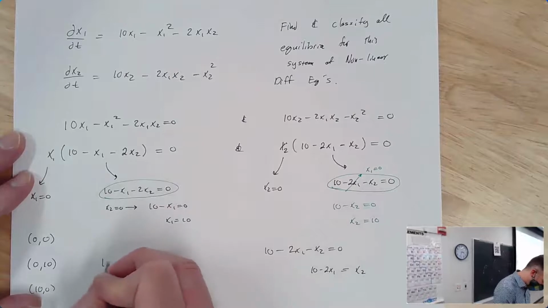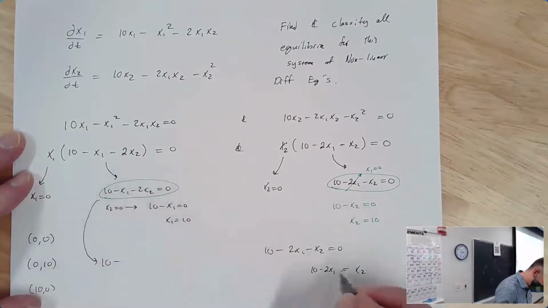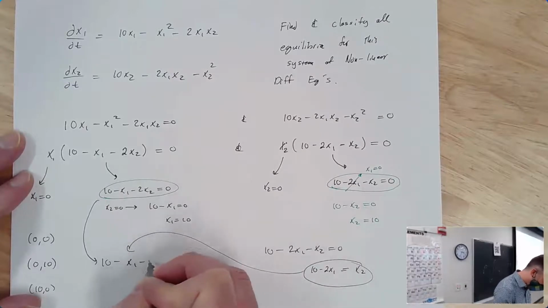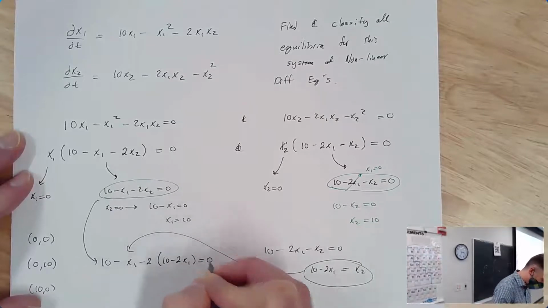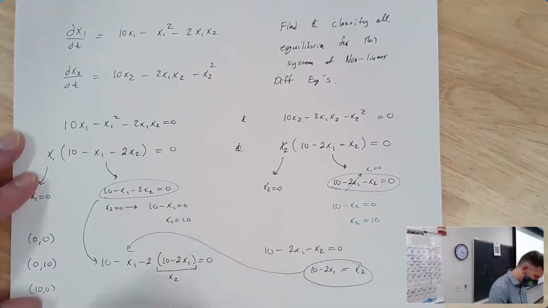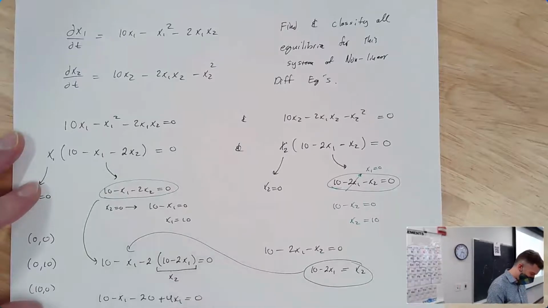So then I'm going to have 10 minus, instead of 2x2, I'm going to have 2 times 10 minus 2x1. That's going in for my x2. And now I can solve this. I've got 10 minus x1 minus 20 plus 4x1 equal to 0. And negative x1 plus 4x1 is 3x1. And 10, I feel like I'm making a small mistake here.